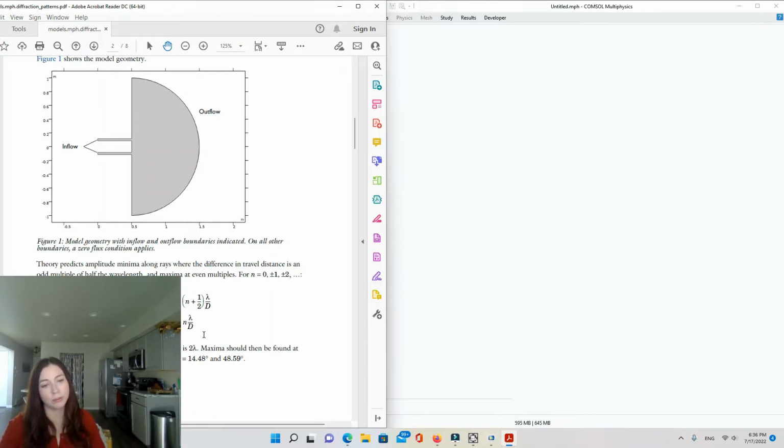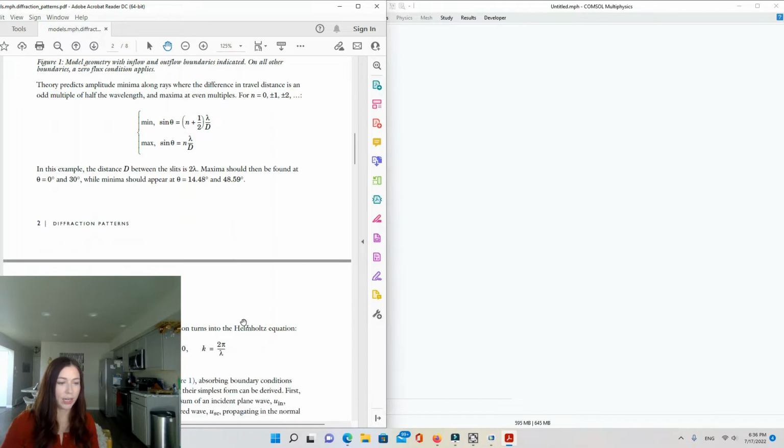The maxima occur at sine theta equals n times lambda over d, for n equals 1, 2, 3, etc. In this example, the distance d between the slits is 2 lambda. Maxima should then be found at theta equals 0 and 30 degrees, while minima should appear at theta equals 14.48 and 48.59 degrees.